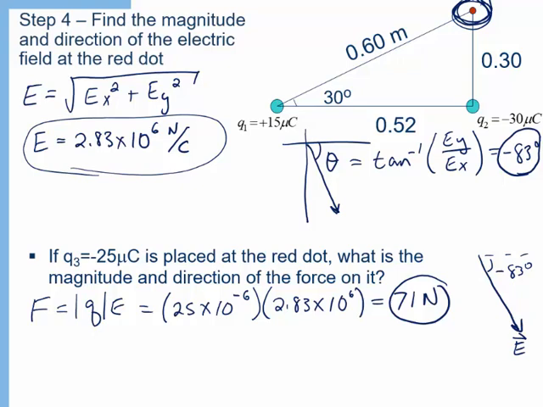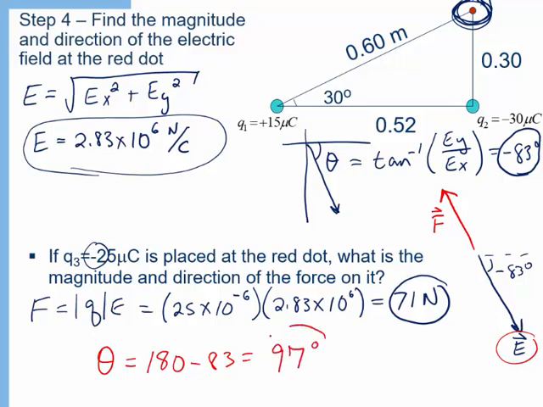However, the correct answer for the direction of the force on a negative charge, if we placed it there, would be the opposite direction, because we know that the force on a negative charge is always opposite the direction of the electric field. And so we'd want to add 180 degrees to that negative 83, and so our direction for the force on that charge would be 97 degrees.